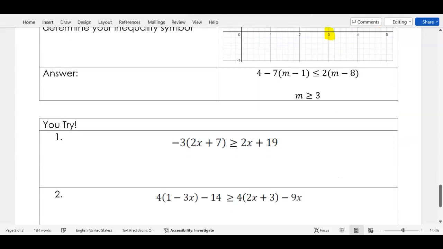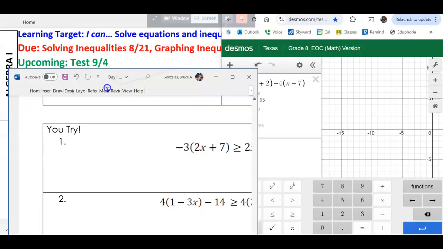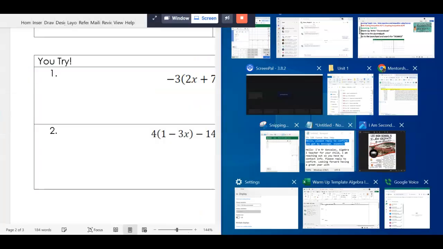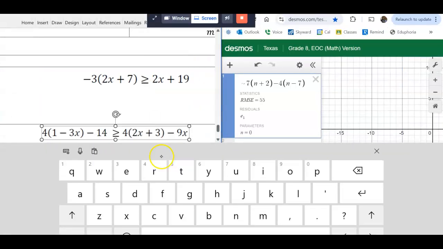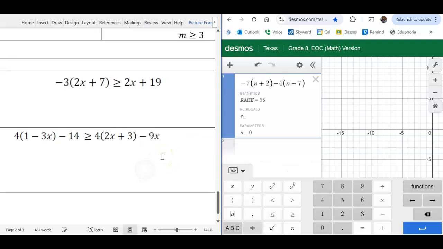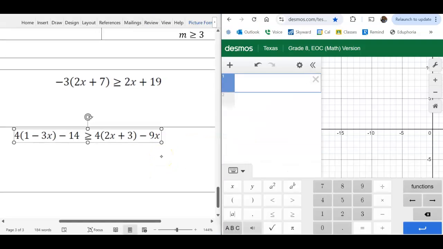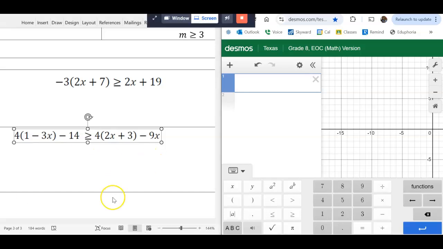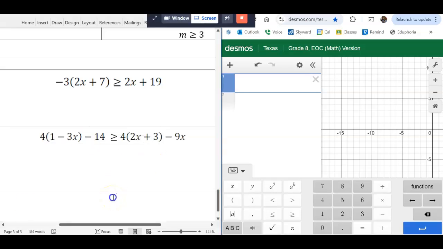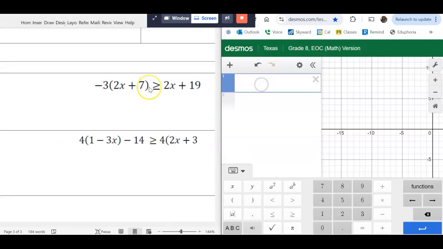Okay, let's try some examples. Number 1 here. All right, on number 1, go ahead and start typing this in. It needs to be X, but we already have X, so that's great. All right, so let's start typing this in.